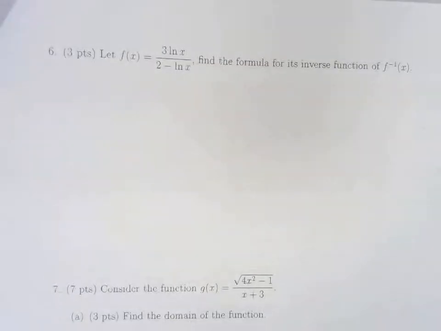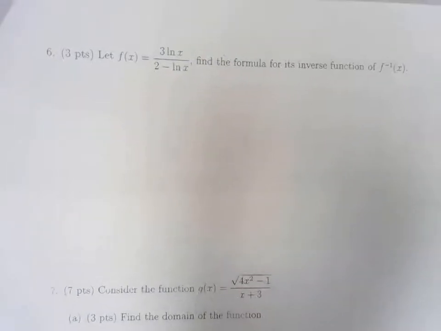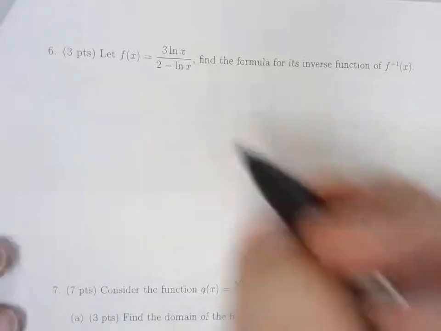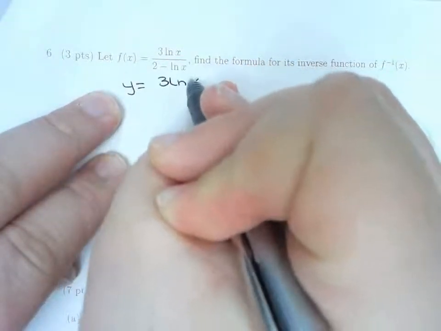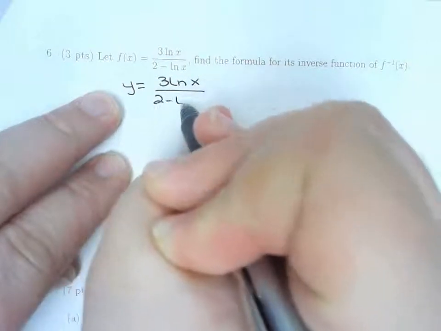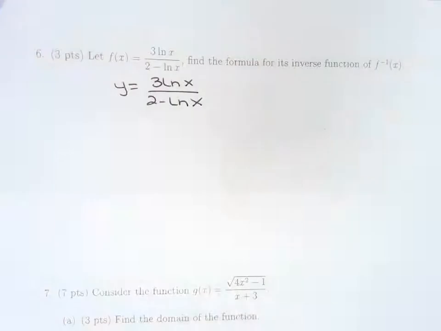So we talked about this in chapter 5, I believe, and we had those steps to find the inverse. First step is I'm going to make this y equals. The first step is to solve for x, and then I'm going to switch x and y, and that will be your inverse.